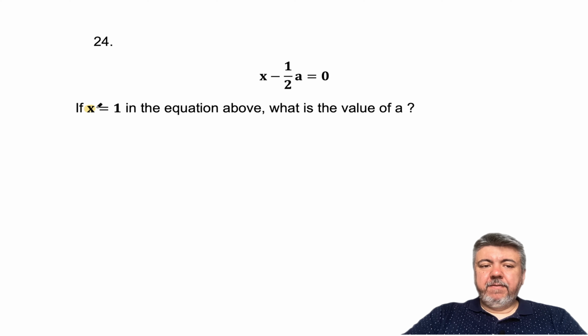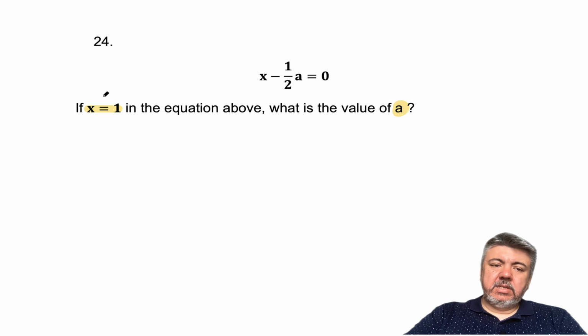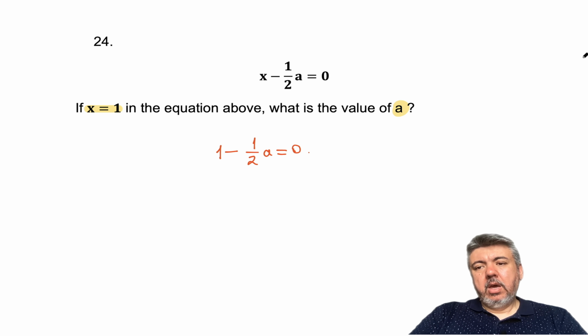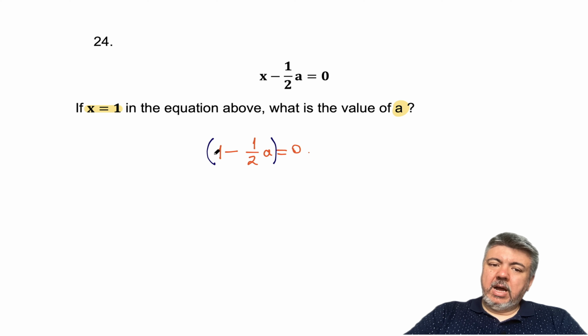It says if x equals 1, what is a? That means inject x equals 1 into the equation like this: 1 minus 1 over 2a equals 0. In questions like this, I prefer to multiply by 2 on both sides.